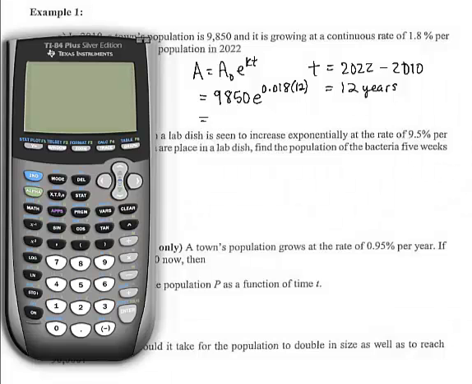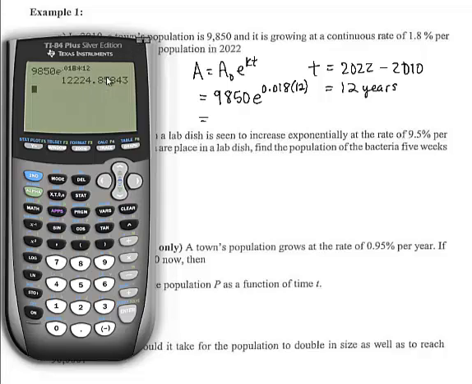At this point, we just bring up our calculator and we enter 9,850 times e to the 0.018 times 12. Enter, and we get a population of 12,225 if I round it.